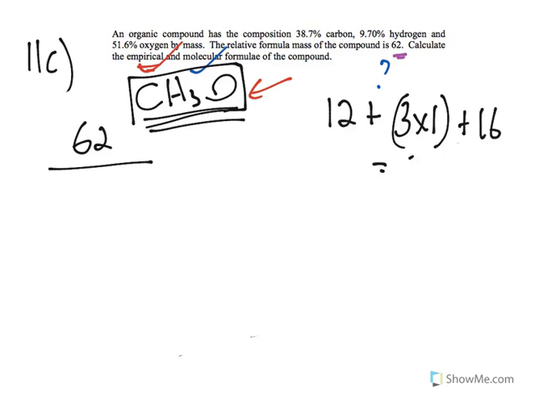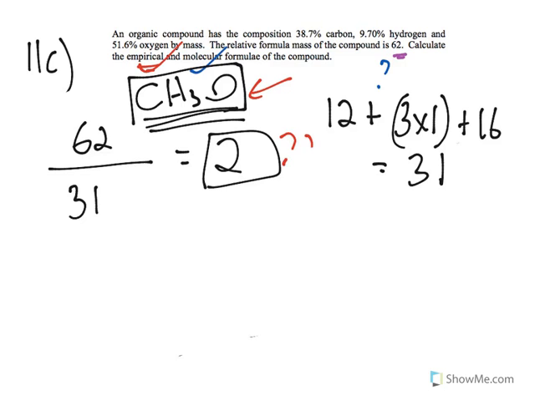which is 31. Okay, so you take the relative formula mass, you divide it by the empirical formula mass, in this case it's 31, and you'll get a number, which in this case is 2, because 62 divided by 31 is 2. Now what do you do with this number? You multiply each of these numbers by this number.